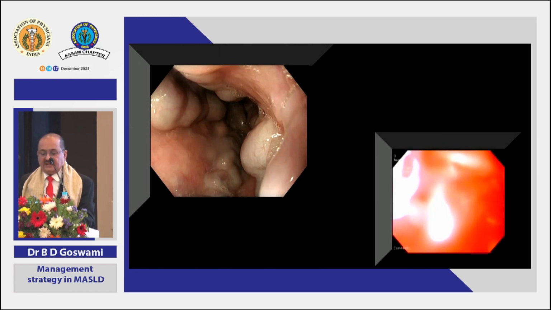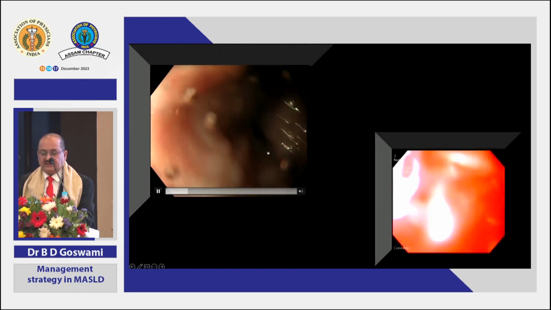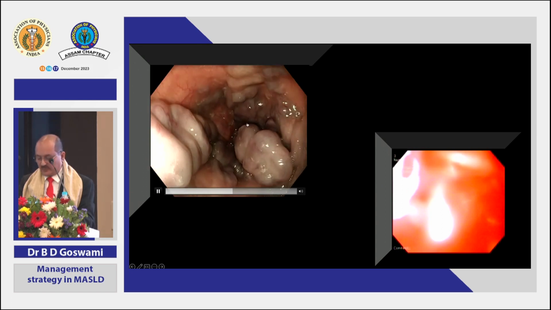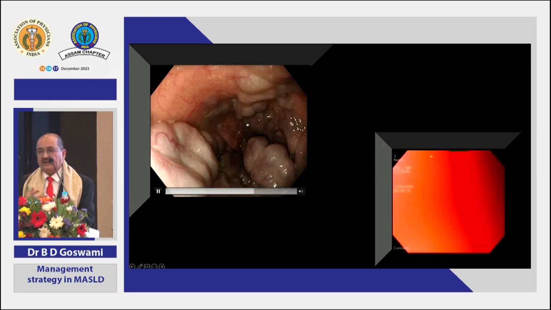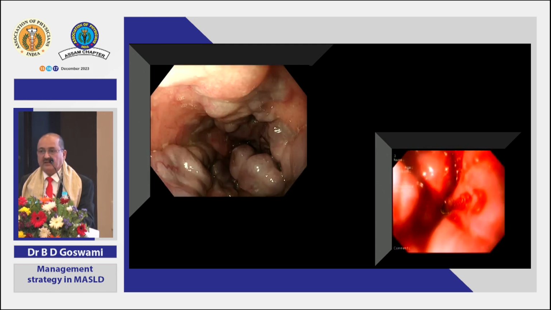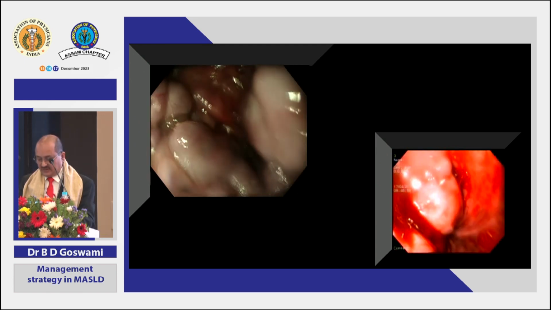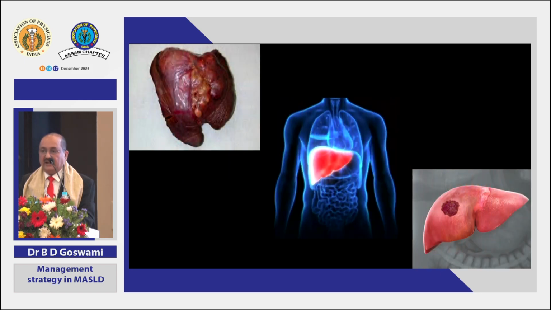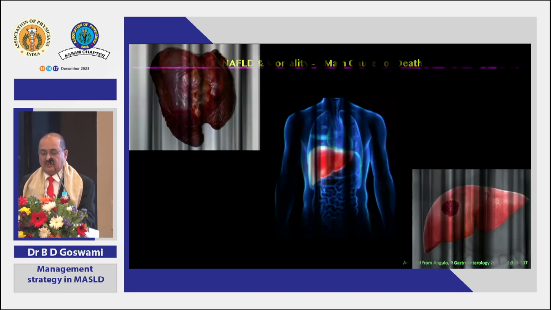Then if you see this picture, already I mentioned the complications, the grade 3 or 4 varices, it goes for bleeding, and most of the time, the majority of them with mortality. Then it goes to hepatocellular carcinoma.